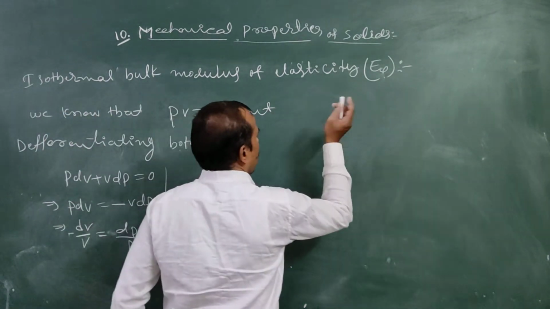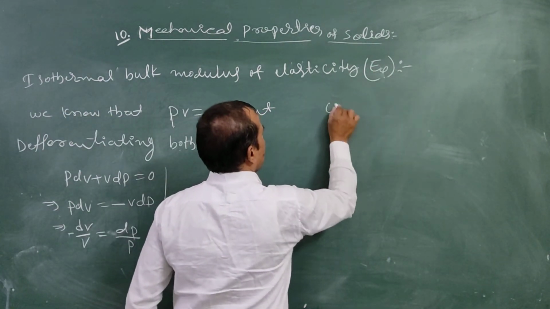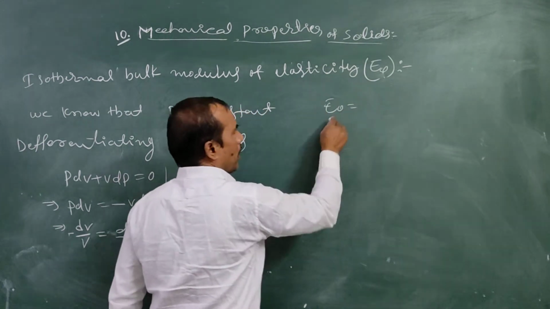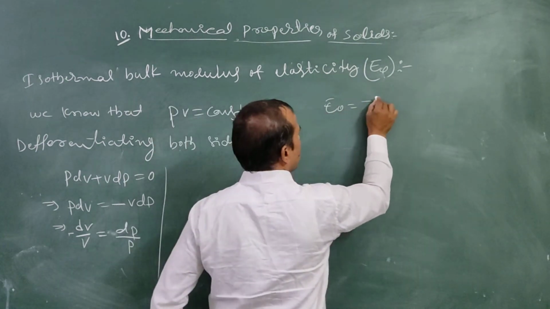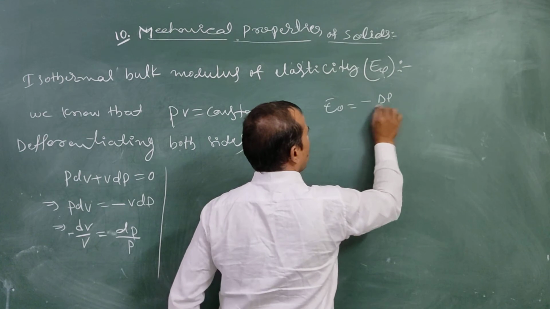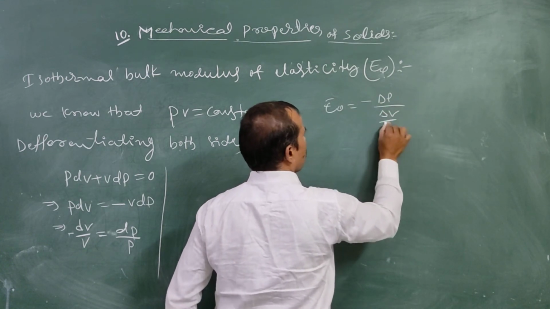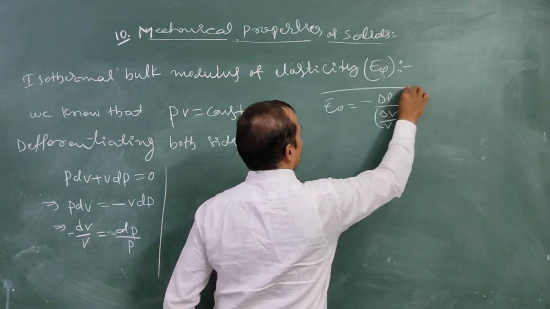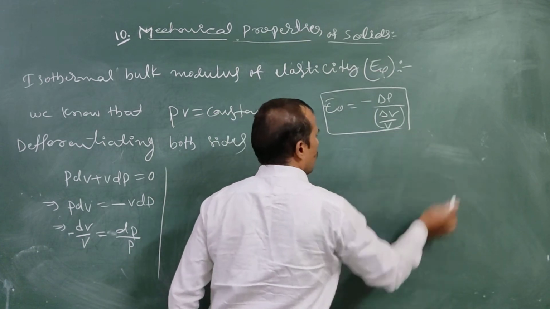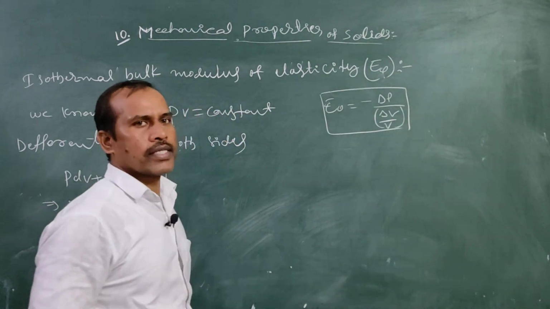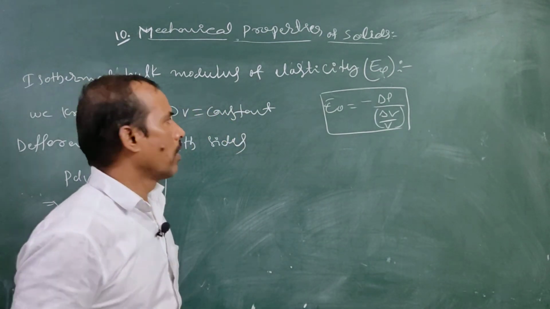Now E theta is equal to minus dP by delta V by V. This is the isothermal modulus of elasticity.